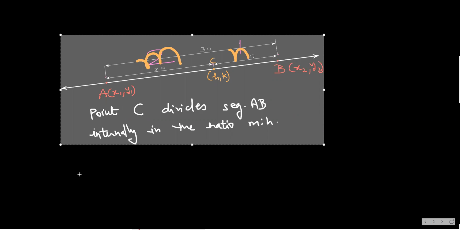So here I have a segment AB. I have a line here. Now on this line, I have 2 points A and B.